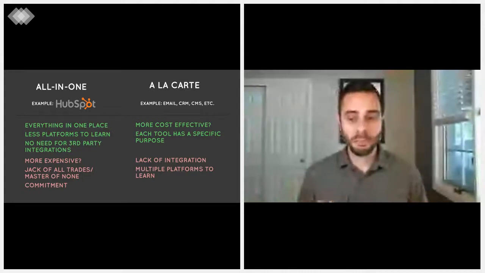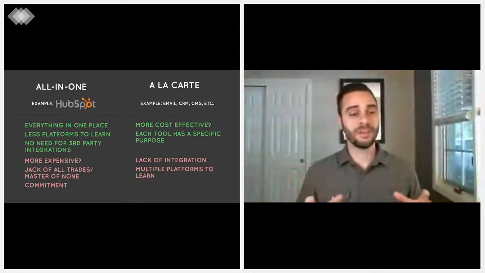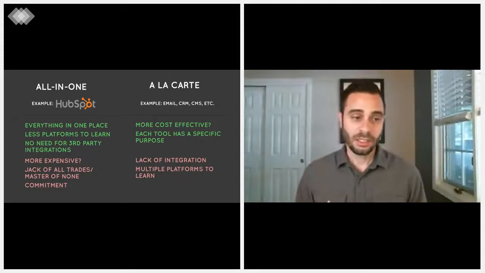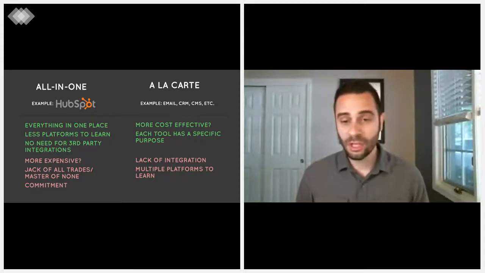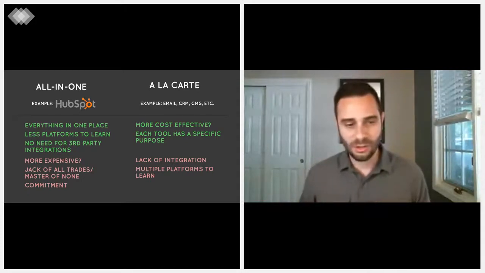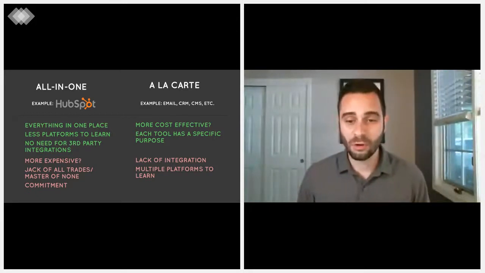Now, when we look at the benefits of taking this all-in-one approach in terms of investing in one piece of software that can do everything you need for digital marketing, some of the pros are you have everything in one place. So you don't have to build all these different connections. You don't have to learn a lot of different things. We're putting here less platforms to learn.